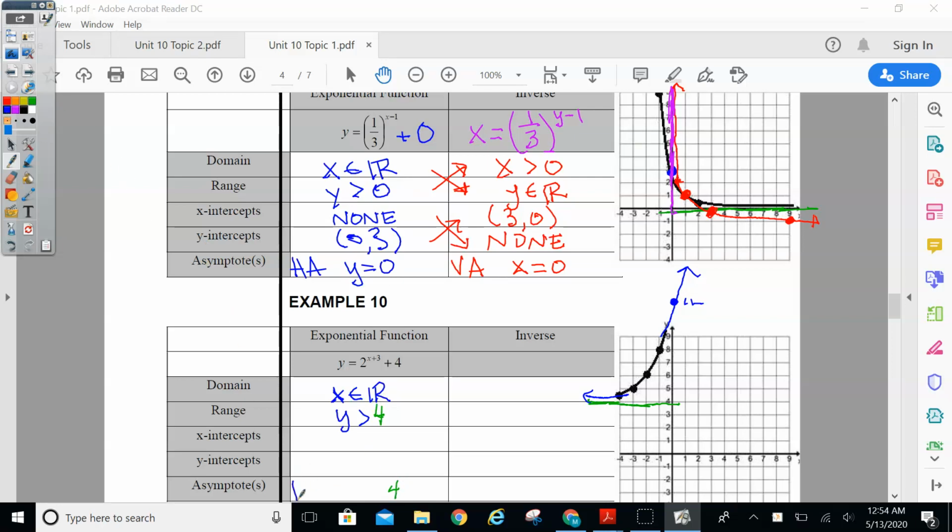The horizontal asymptote is y equals 4. Okay, my x-intercept, it's way up here above the x-axis, and it's never going to go down past 4, so it has none. My y-intercept, like I said, is up here at 12. So 0, 12.